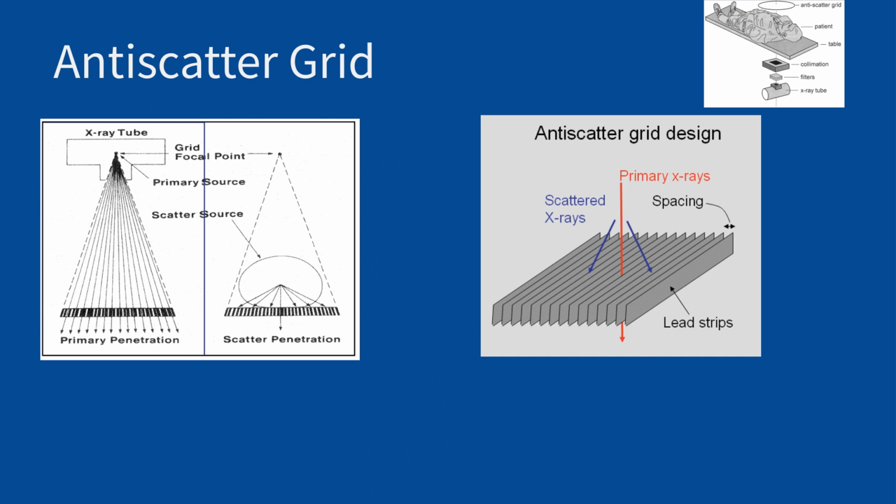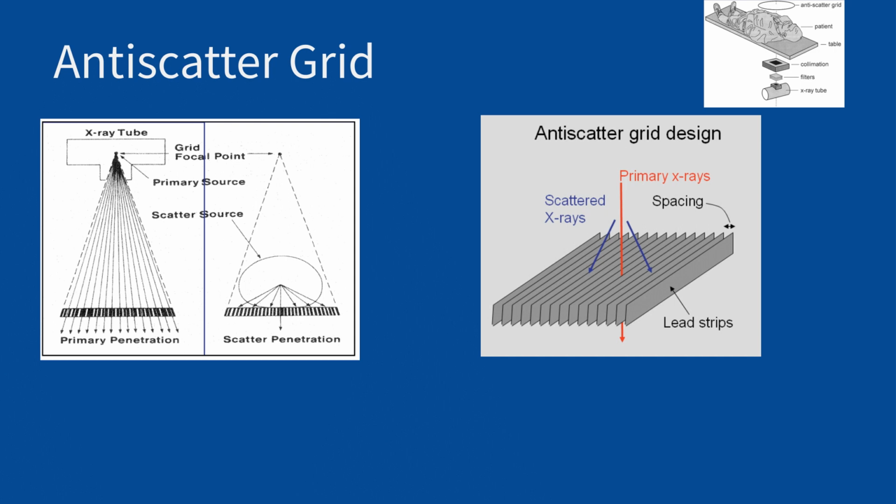So one thing we can do is place an anti-scatter grid on the far side of the X-ray tube, which is essentially a little grid with straight spaced lines, typically lead strips. And that allows us to only accept X-rays that are coming straight on to the scatter grid.